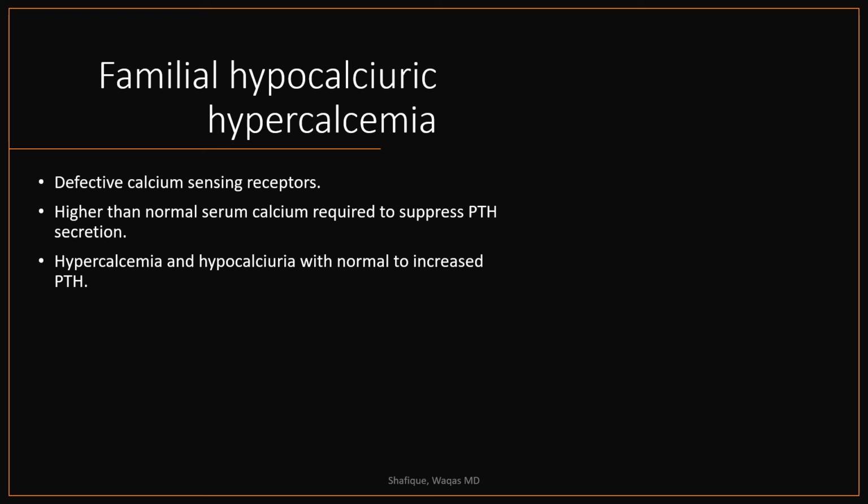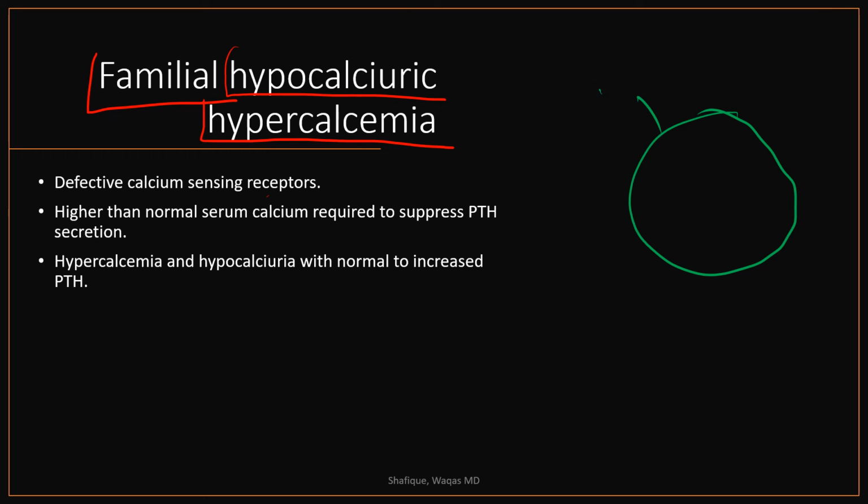And then we have another syndrome called familial hypocalciuric hypercalcemia. What happens here is that your chief cells, this is a chief cell, has calcium sensing receptors.